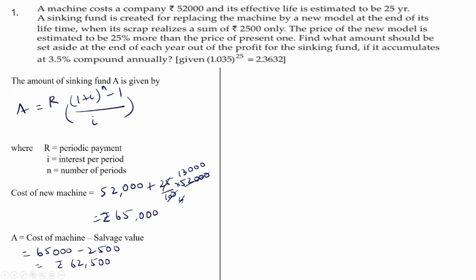So this is A. And then the rate per period is given. Here the amount should be set aside at the end of each year, and the annual interest rate is also 3.5%. So i is 3.5%, which is 0.035. And then n is the number of periods, it is 25.